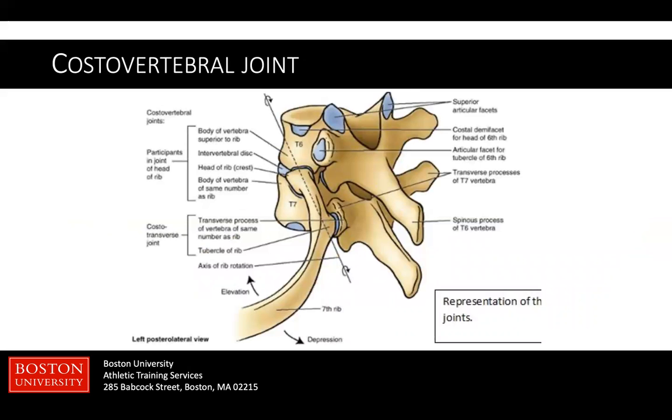Now, what's unique here is the integration of the rib and the costovertebral joint, which is specific to the thoracic region. So this is going to be an implication for obviously our palpation guided assessment, but also considering the influence of the rib in our movement of these segments as well.